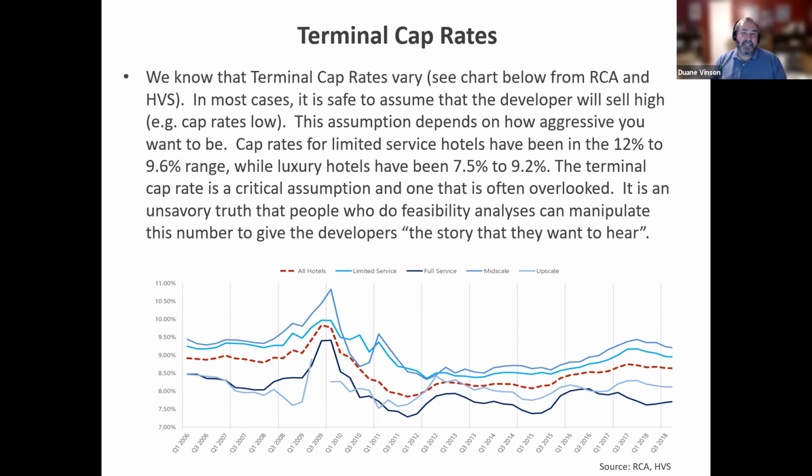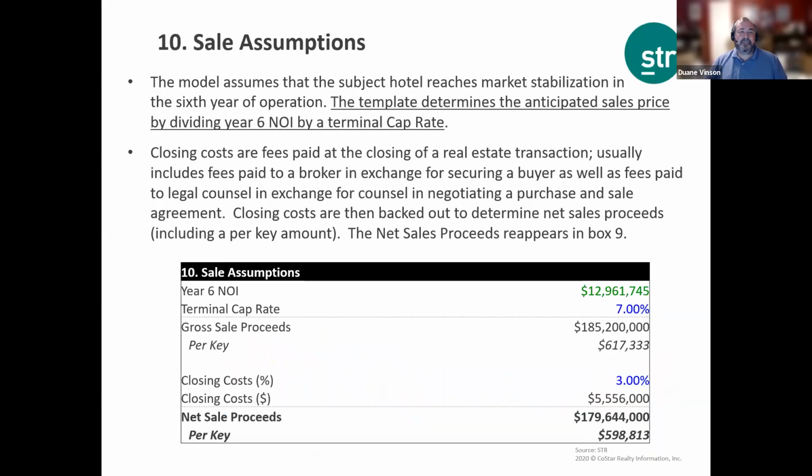It is also an unsavory truth that people who do feasibility analysis can manipulate this number to get the answer they want, or the answer they think their investors want to hear. These are US averages, looking at historic cap rates back through 2006 for different types of hotels, so you can see what that average is.